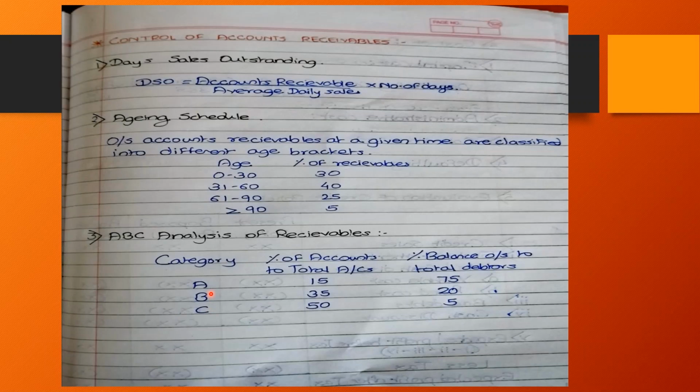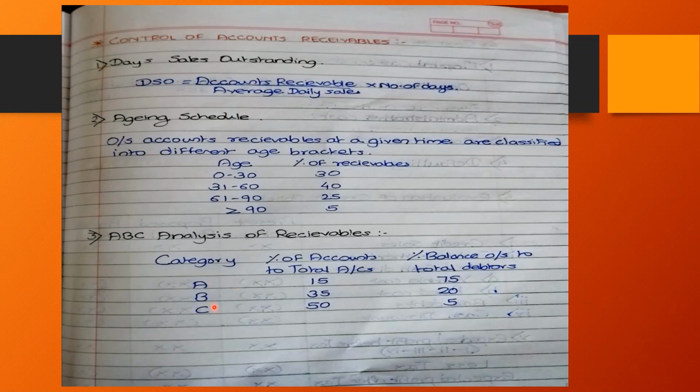Maybe you find corporate financial accounting hard, so you place it in category A. Then you find financial management moderate, you place it in category B. And you find GST easy, so you place GST in category C. Now which category will you focus more on? A, because you find it hard. Then you will focus on B, and last you will go for C.